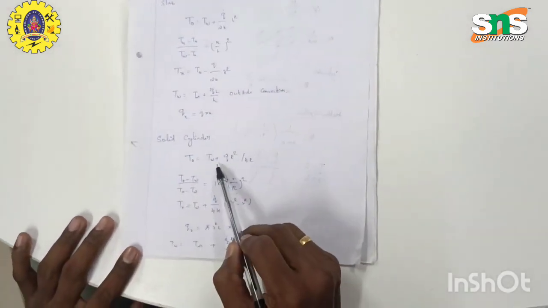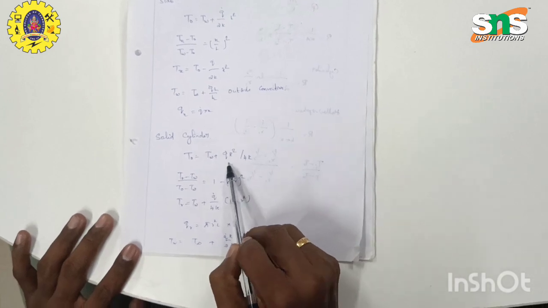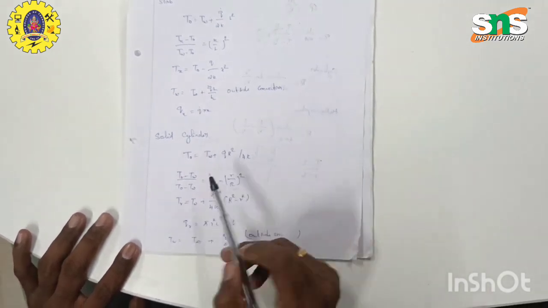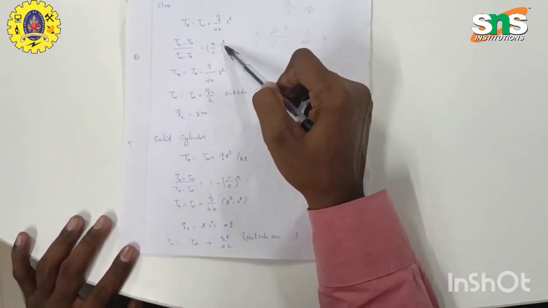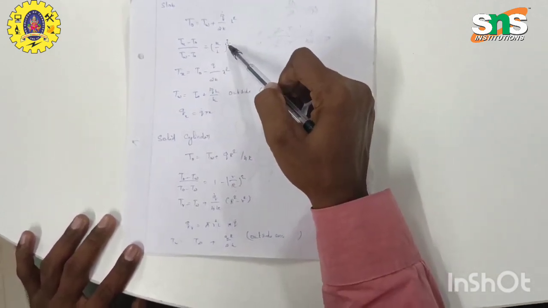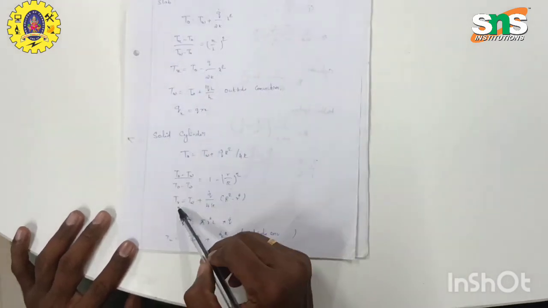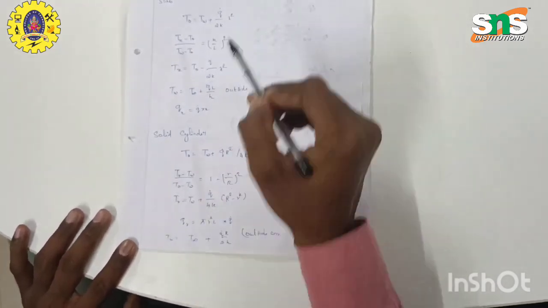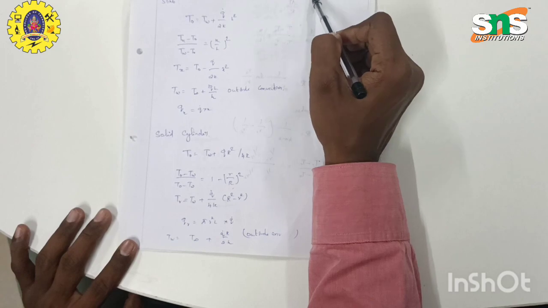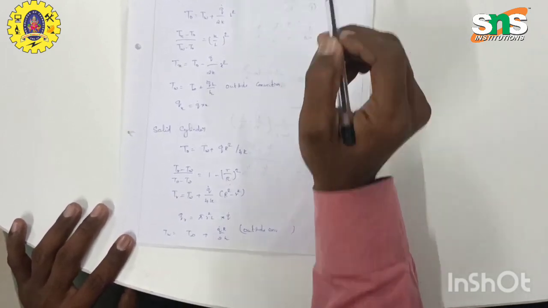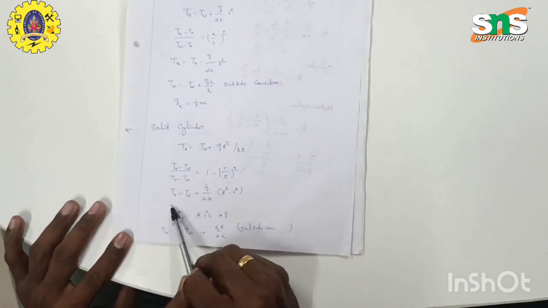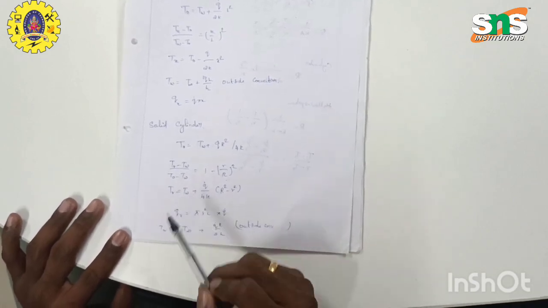T naught is equal to Tw plus Q dot R squared by 4k, and the temperature distribution of the solid cylinder is the same as the slab. For the slab we consider x, and for the cylinder we consider the radius R. The slab distance is measured by x, here it will be measured by the radius R.